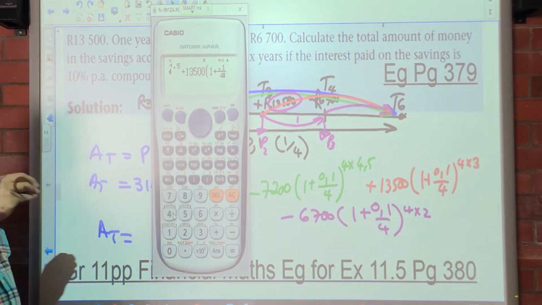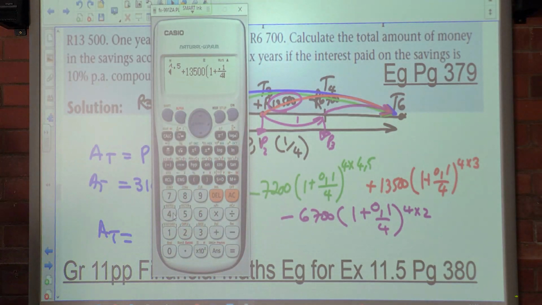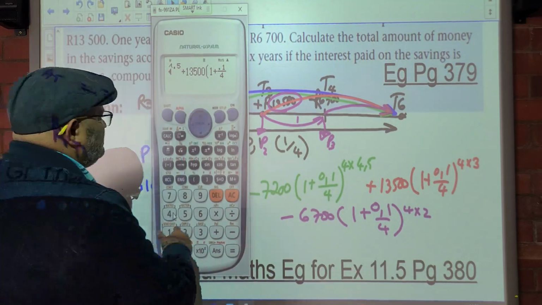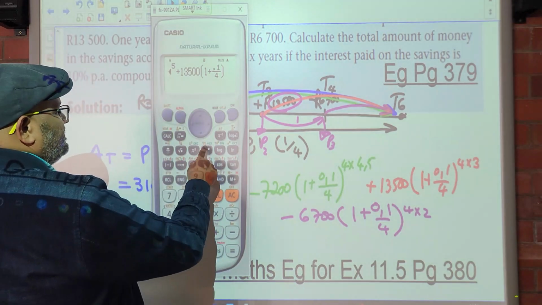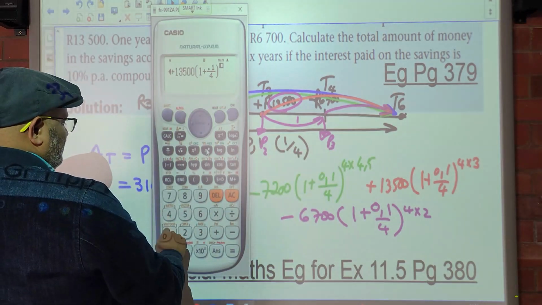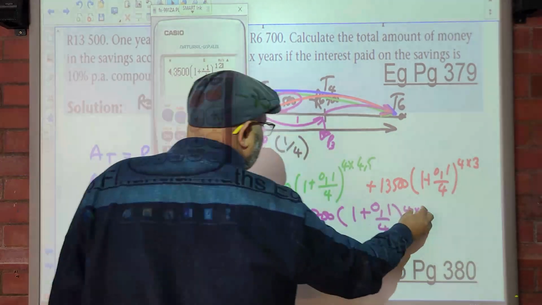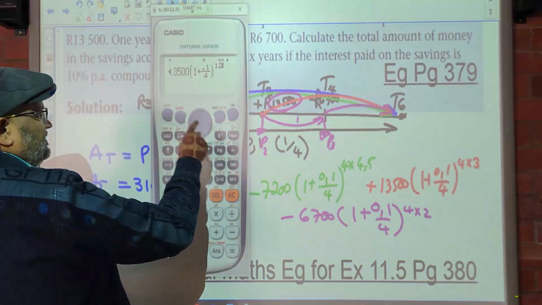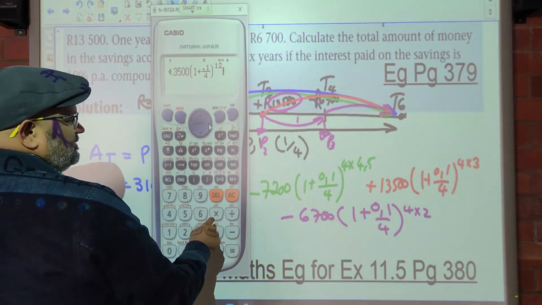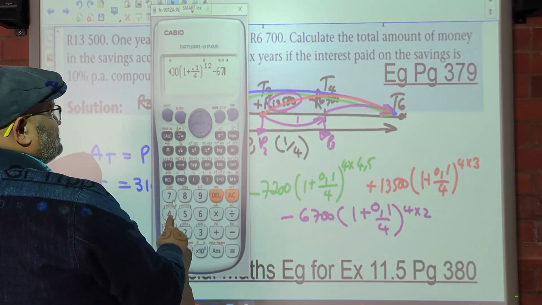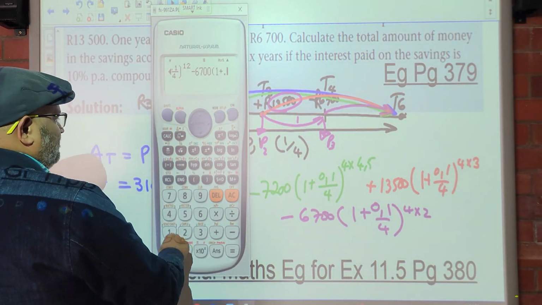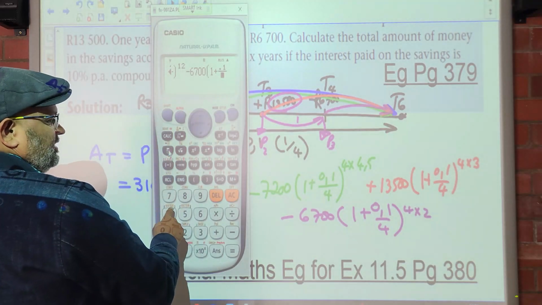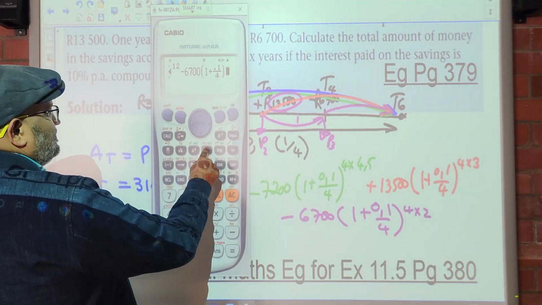Sometimes the memory of the calculator is too little for you to punch everything. Okay? I think this is one of those sums. To the exponent 3 times 4, which is 12. That is why I'm putting that multiplication one time. Okay? Minus 6,700 into 1 plus 0.1 over 4 to the exponent.